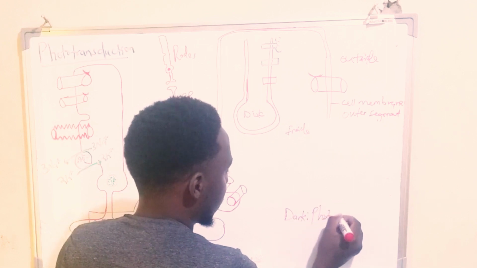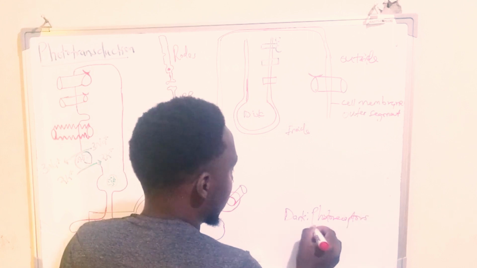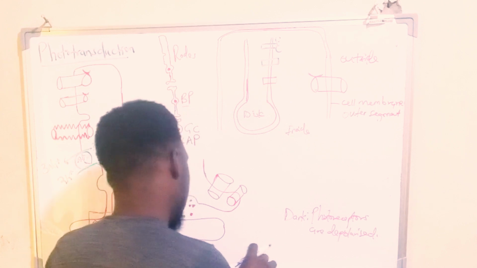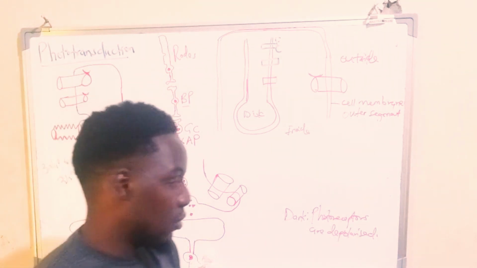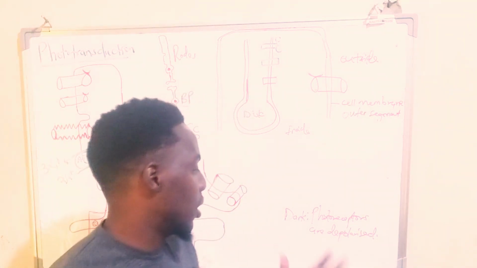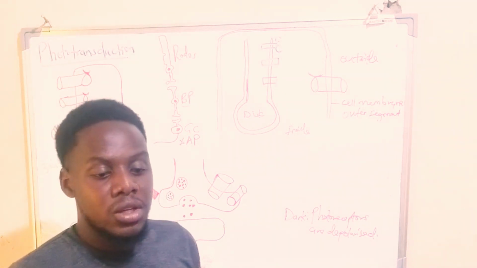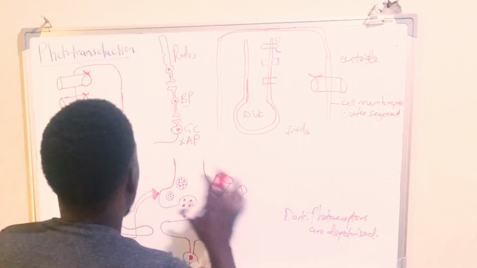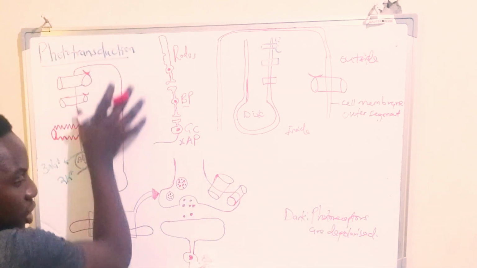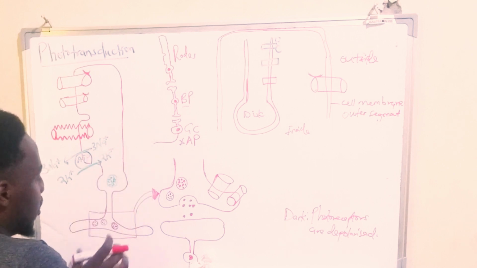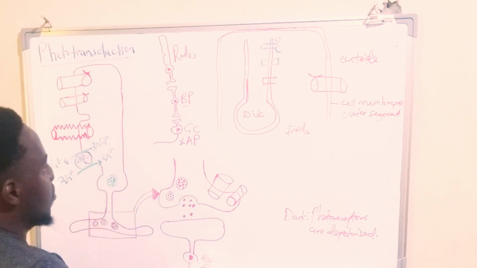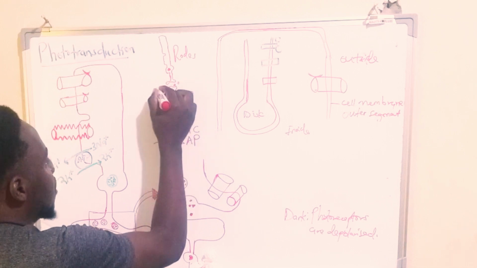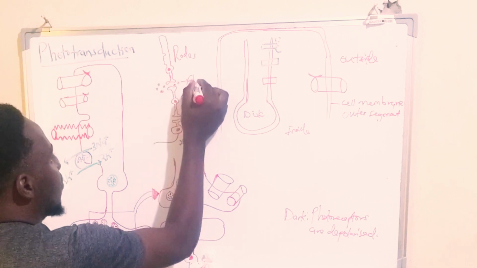Remember, when sensory receptors are depolarized like this, they release neurotransmitters. So during the dark, since this photoreceptor rod is depolarized, it releases neurotransmitters onto the bipolar cells, and this neurotransmitter is known as glutamate.